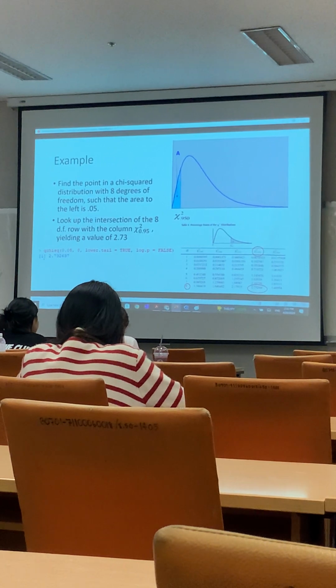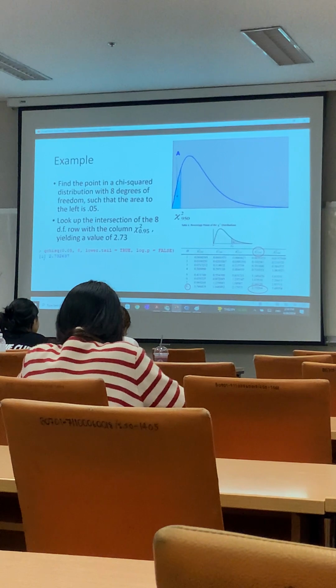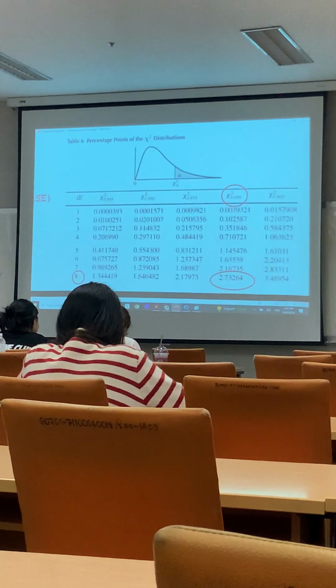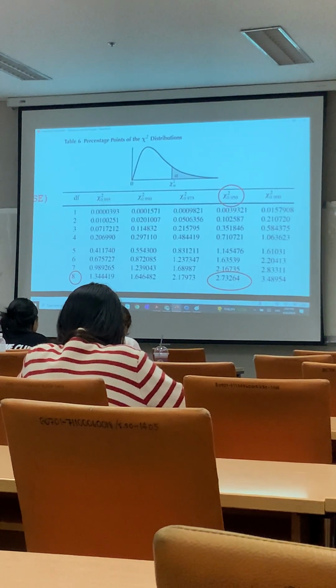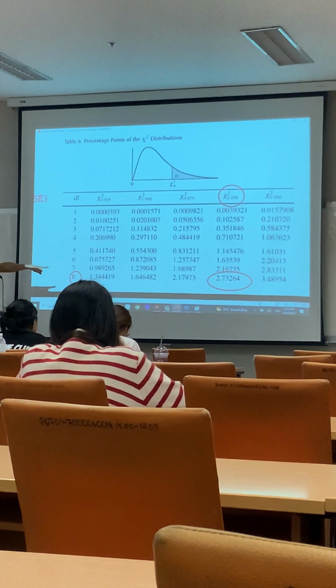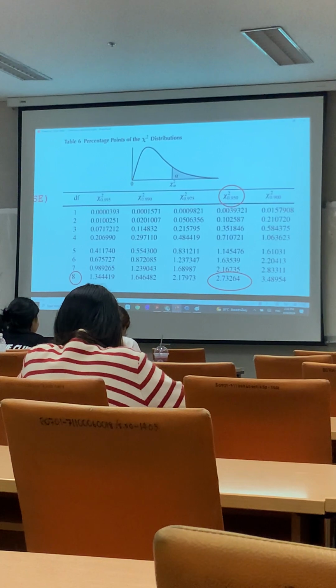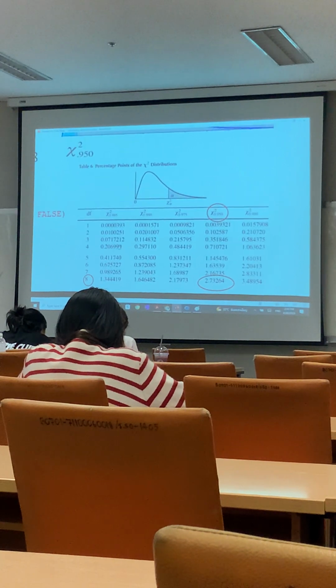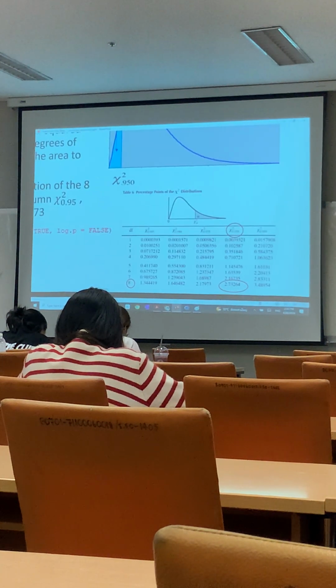So that is when you have to look on the table where the column is 95%. And the degree of freedom is 8, so it means the value is 2.7364. I don't think it's that difficult.